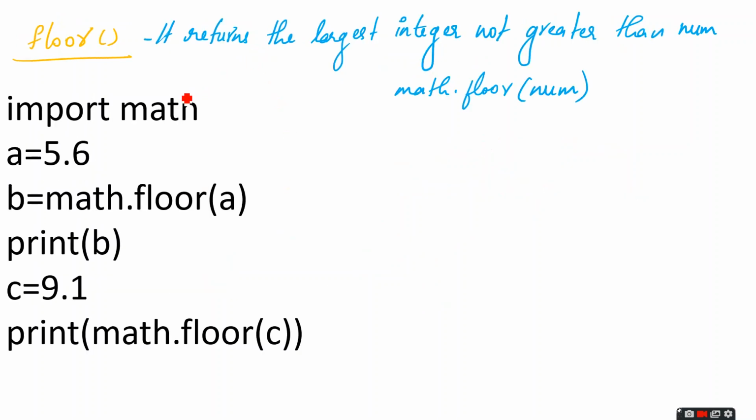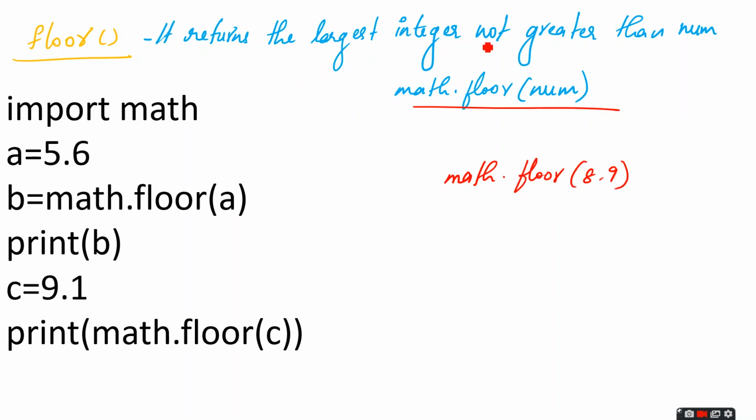Next is the floor function. It returns the largest integer number not greater than the number. Math.floor num. In this way we will write the syntax. Syntax means the format. Okay. Now I will write an example. Math.floor, inside the parenthesis 8.9. Now the question is, we have to find the floor of this number.